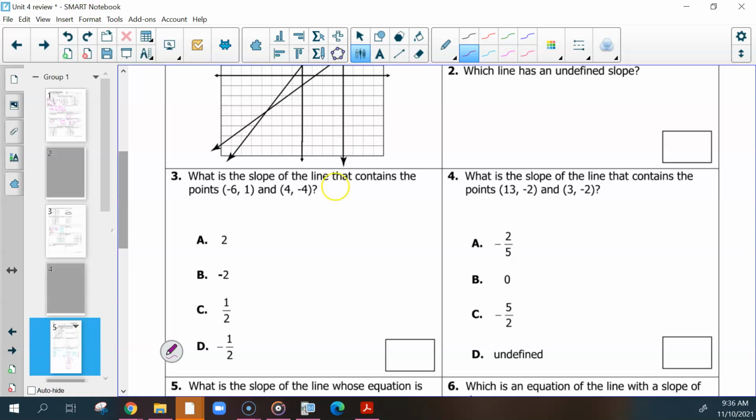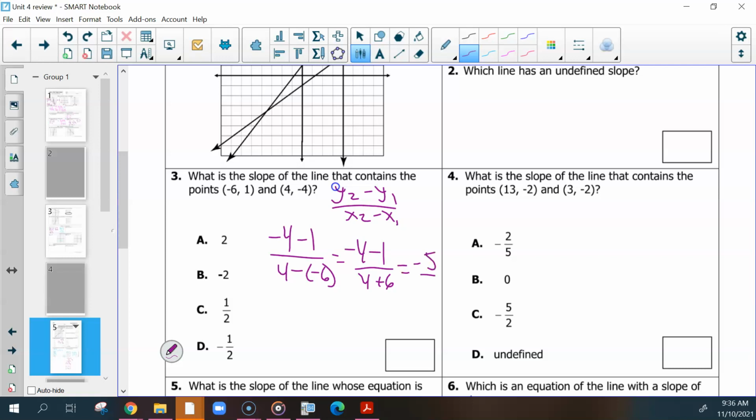So we would have to do the same thing, do that formula to figure out that answer. -4 minus 1 over 4 minus a -6, or -4 minus 1 over 4 plus 6. -4 minus 1 would give us -5. 4 plus 6 would give us 10. What would this simplify to? -1/2. So D would be our answer.